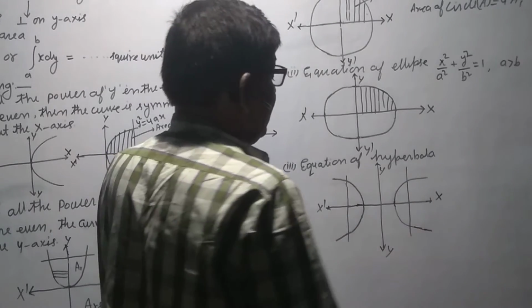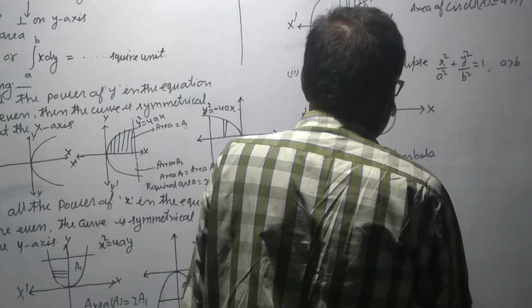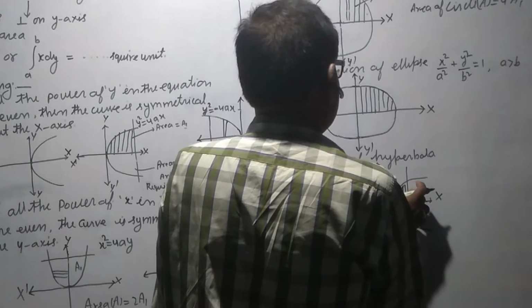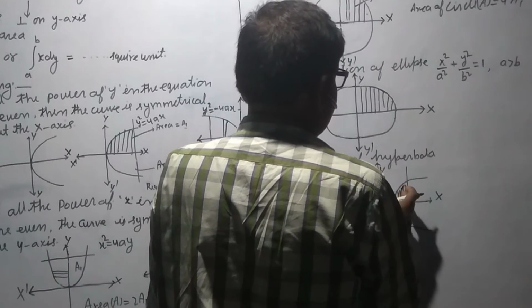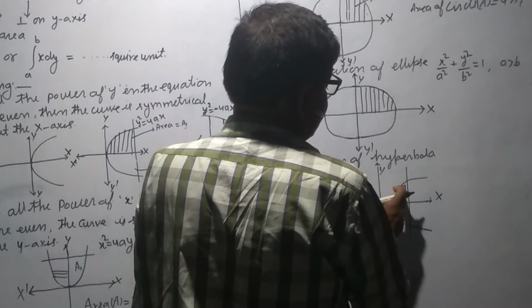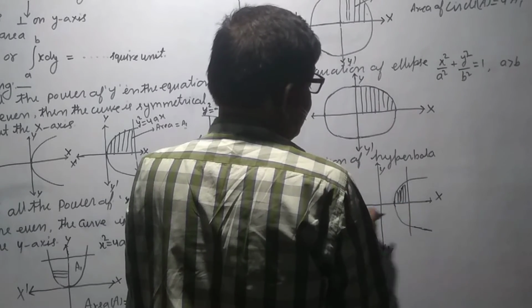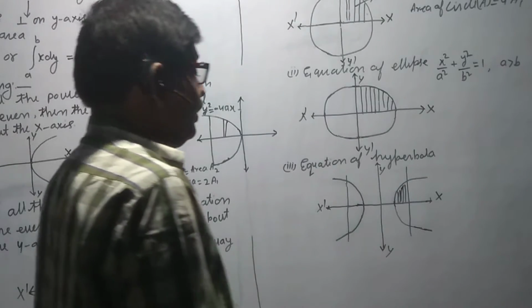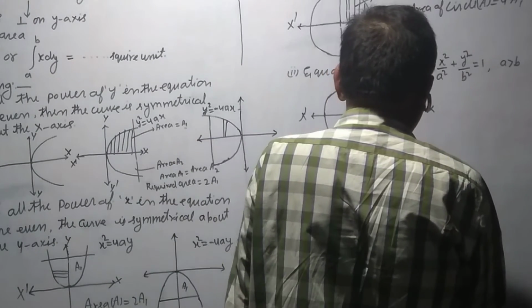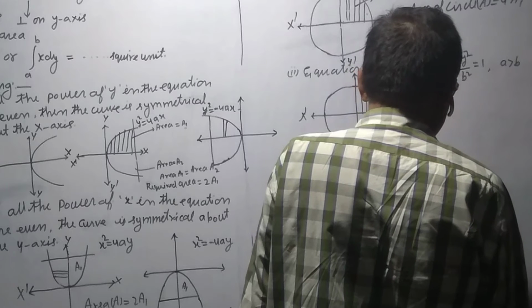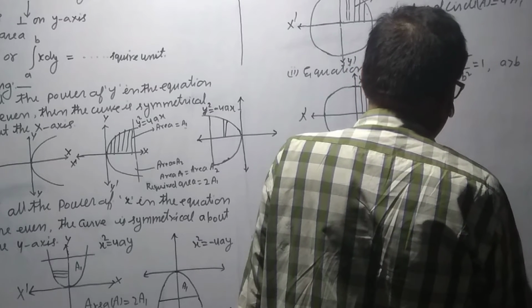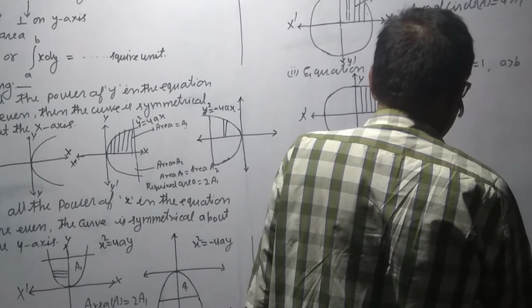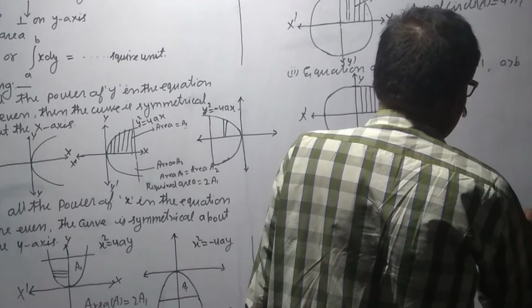If we calculate the area here, the four areas are the same, so the total area A is equal to 4A1.